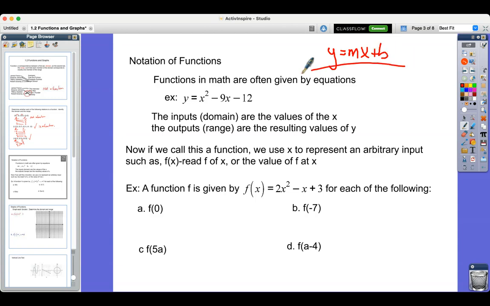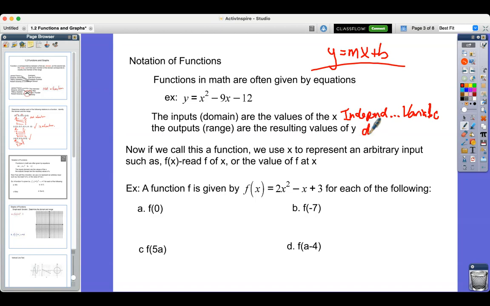This is a function on its own. But the input, the things you put in for x, is your domain. The output, the final answer for y, is our range. We talked about this before. Our domain is also our independent variable, or independent letter.